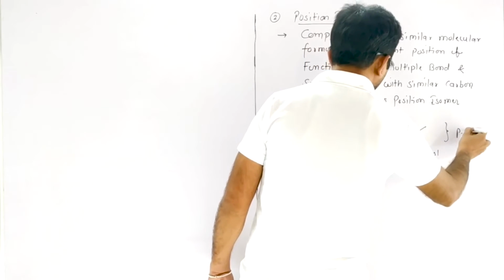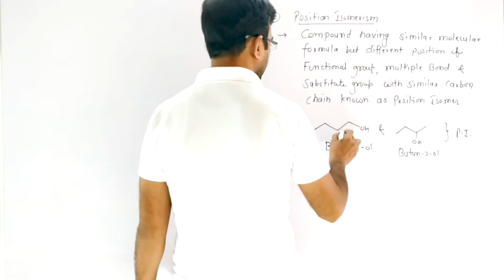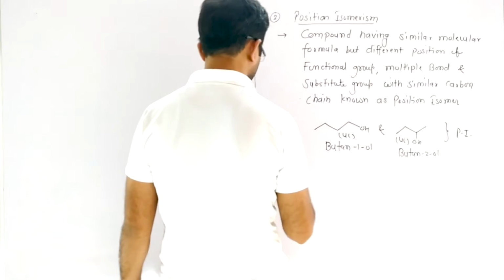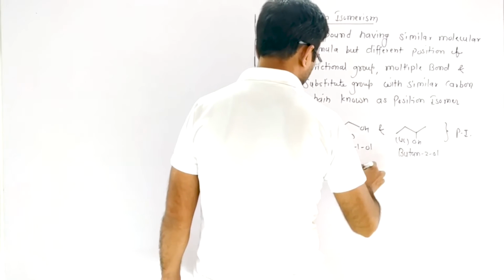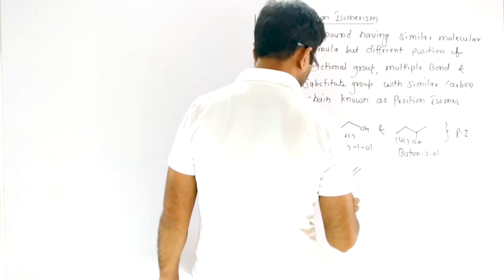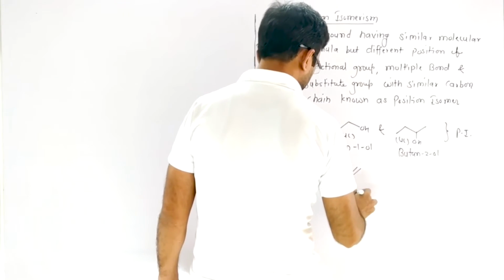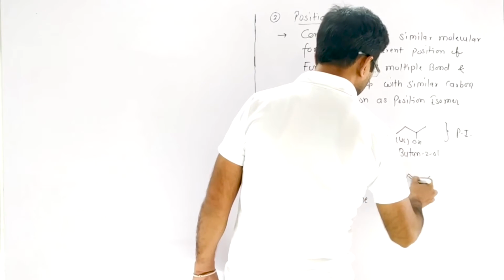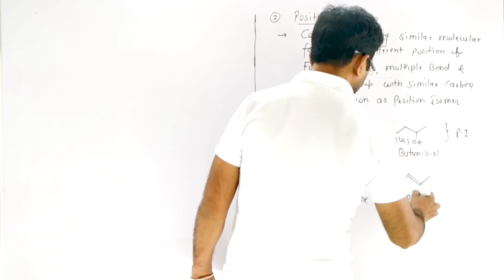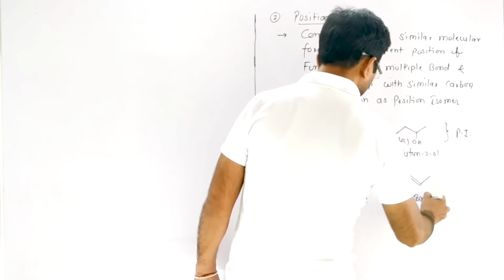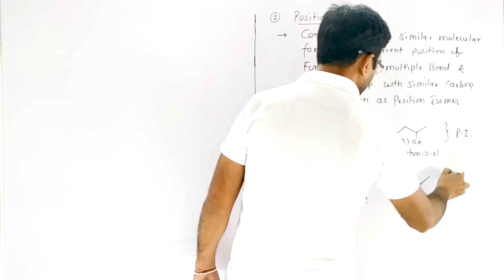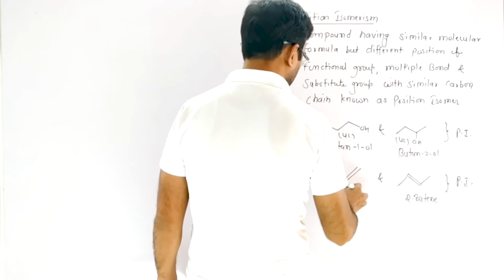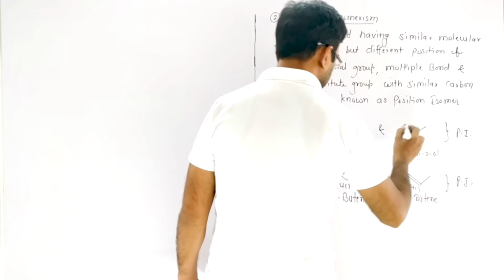They are position isomers because this has a 4 carbon chain, and this also has a 4 carbon chain. 1-butene and 2-butene also are position isomers because both have a 4 carbon chain.